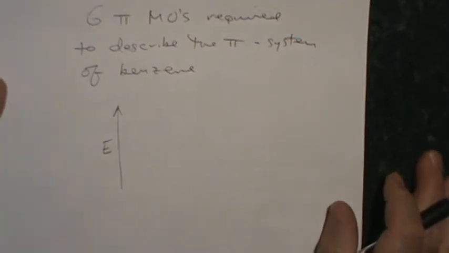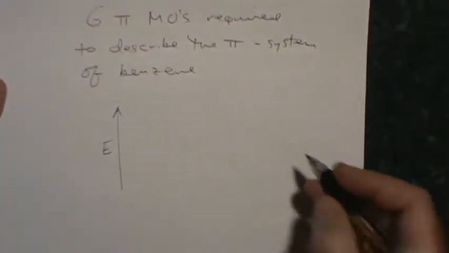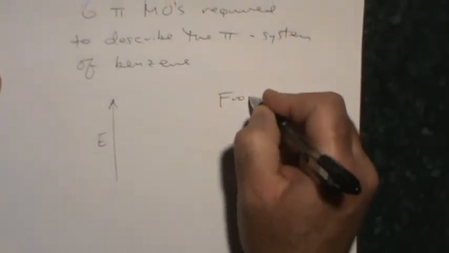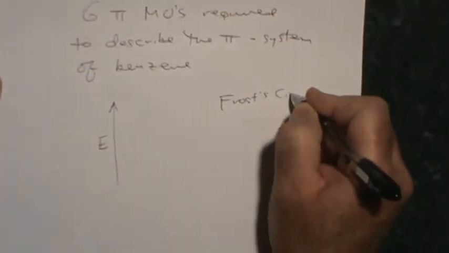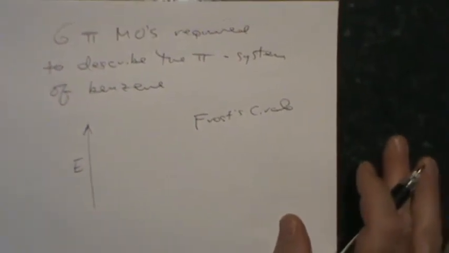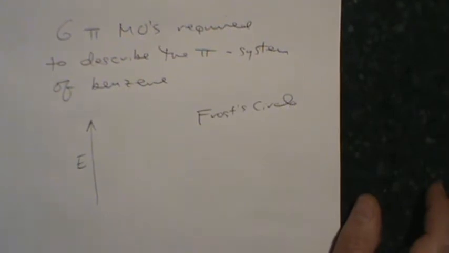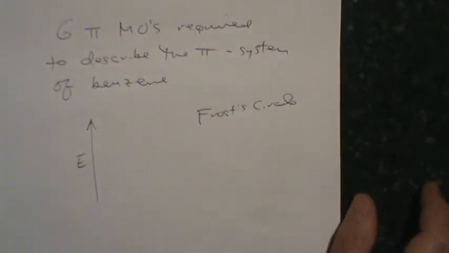Well, the truth of the matter is we can locate them on this energy axis pretty easily using Frost's circle. Frost's circle is basically a simple method or device that we utilize in order to answer this very question, in order to figure out exactly where these pi molecular orbitals are located, energetically speaking, relative to each other.